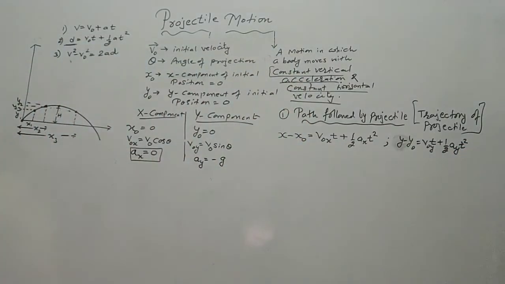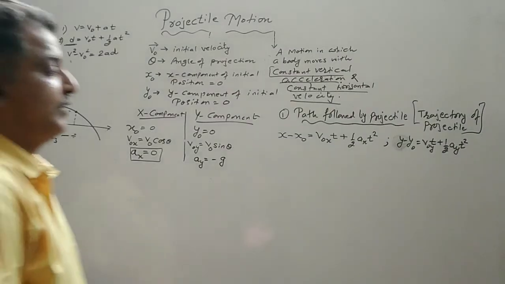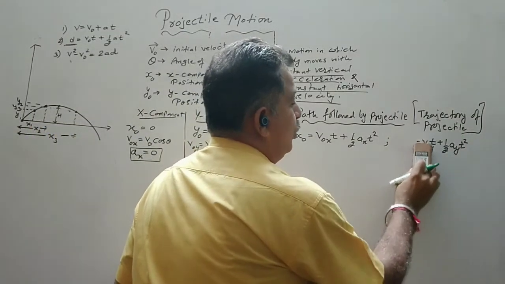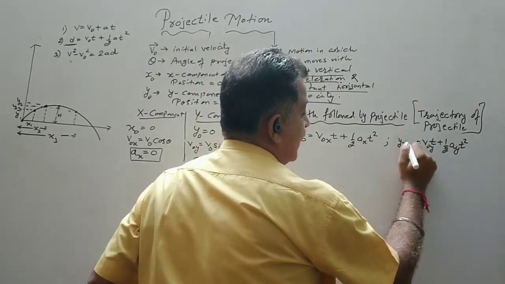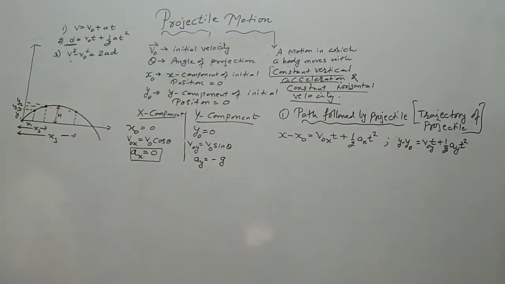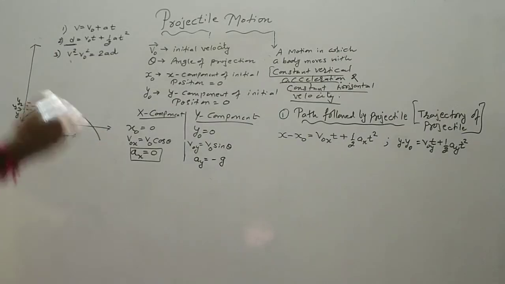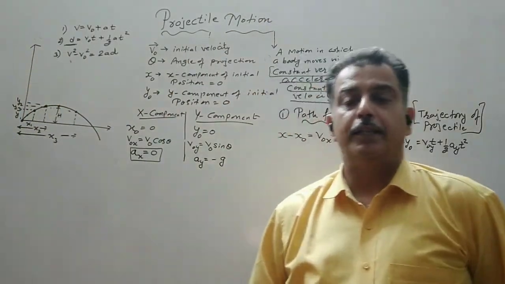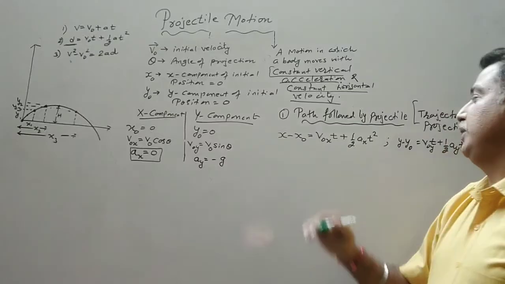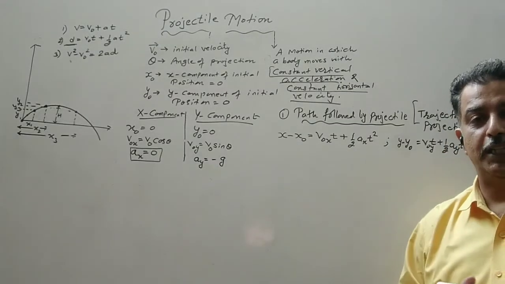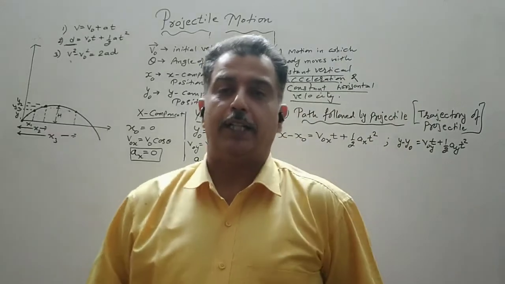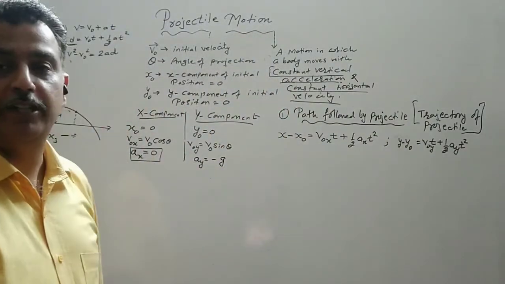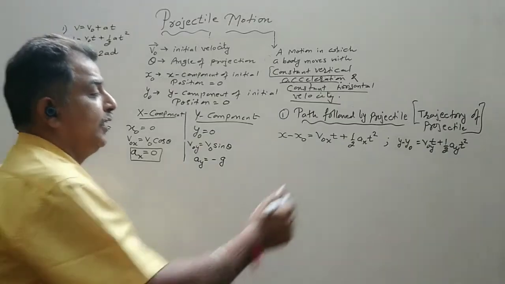So if different instants are given, say it is asked to find out the position of an object after 1 second of its projection. You know when the body is projected, after 1 second it will be somewhere here, after 2 seconds it will be here, 3 seconds, 4 seconds, means at different instants its x and y coordinates will keep on changing. So this equation can be used to find out the x coordinate and the y coordinate of a projectile at different times. Here the instant we have taken is t.